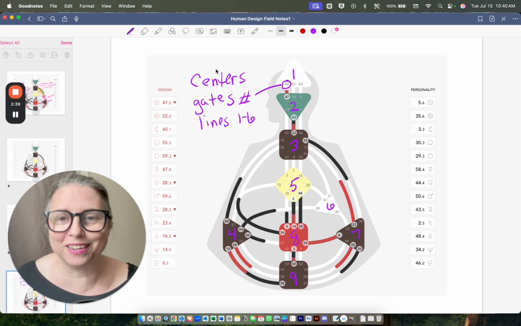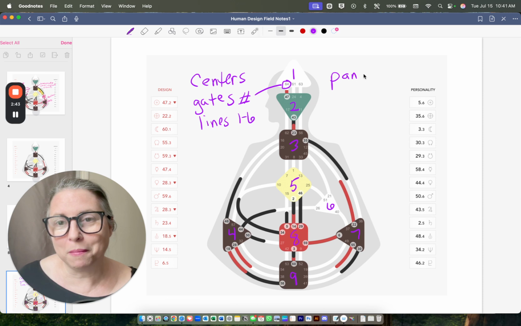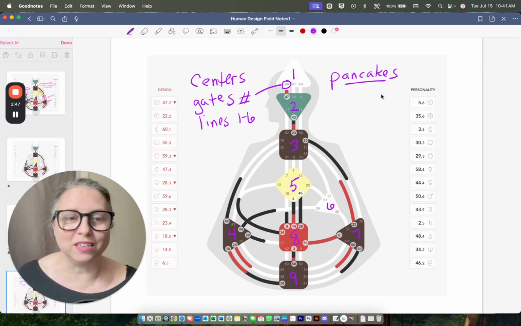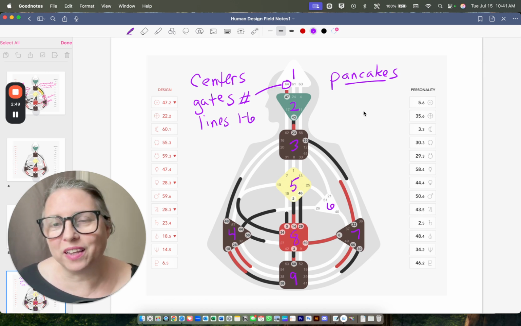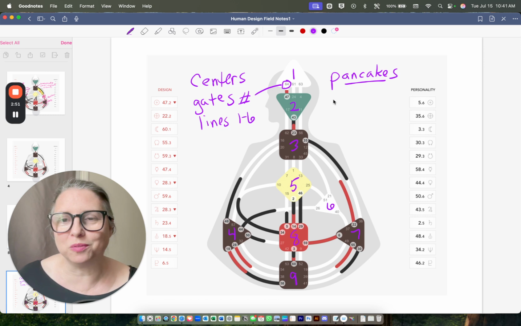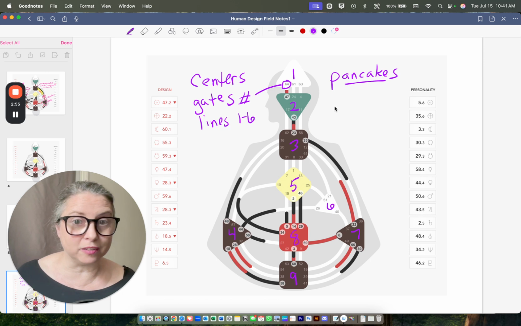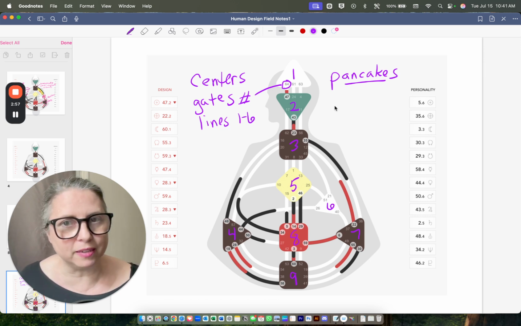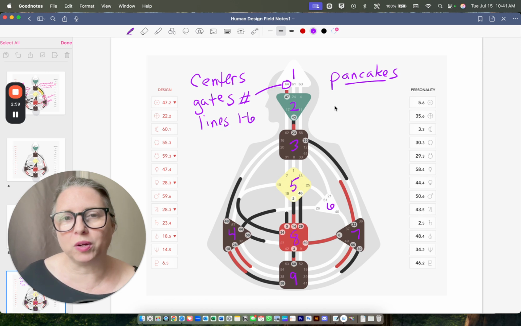So you might laugh. I think about pancakes. My husband loves pancakes. So once a week or so, we make pancakes. And he likes his pancakes one way, and I like my pancakes a different way. He is a no fruit kind of person. He likes them really fluffy.